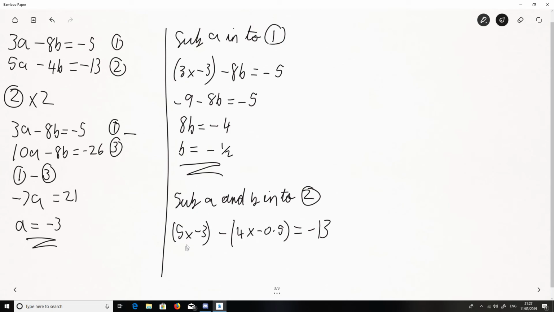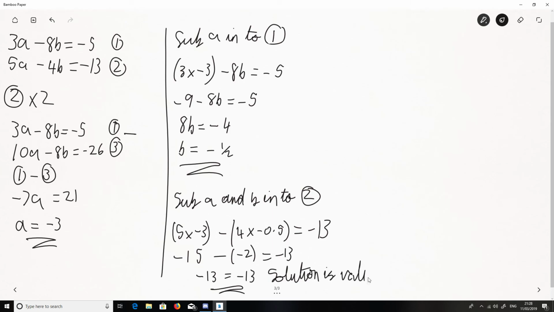So we get minus 15 minus, and then in here we've got minus 2. So that'll be added, equals minus 13. So minus 13 equals minus 13. Therefore, our solution is valid. And that's all there is to it.